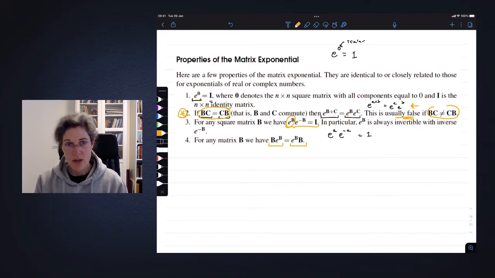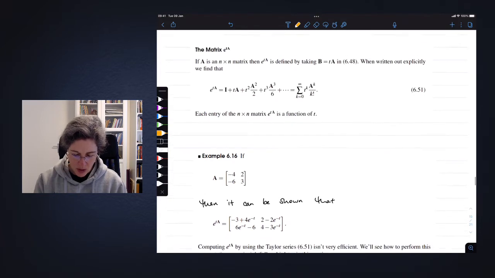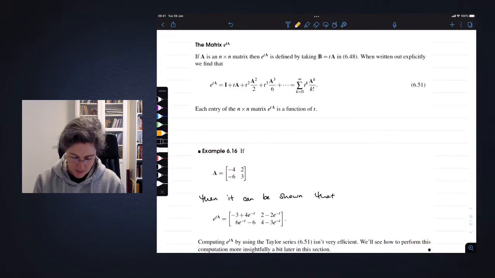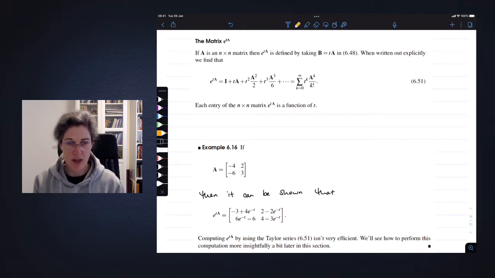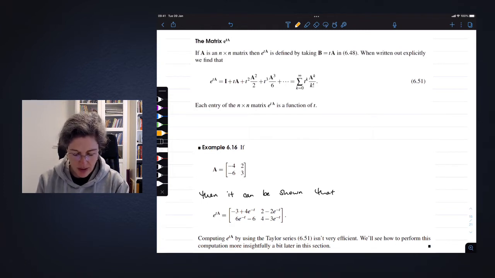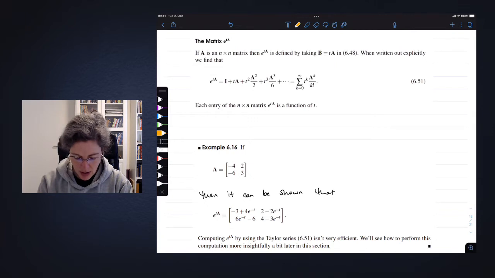So what has this crazy definition brought us? Well, we want to use our matrix exponential to be able to solve systems of DEs. And in order to do that, we're going to need to think about not just e raised to some constant matrix, but we want to have variables in our exponent.